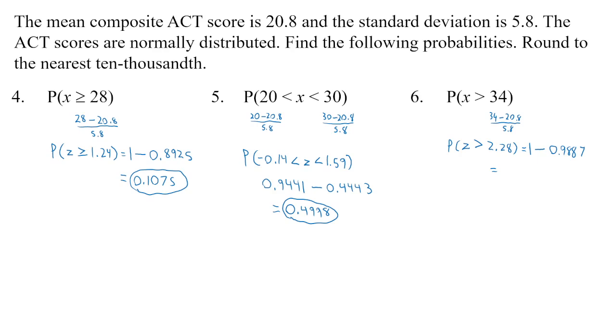And 1 minus 0.9887 is 0.0113. Therefore, the probability of scoring above a 34 on the ACT is 0.0113.